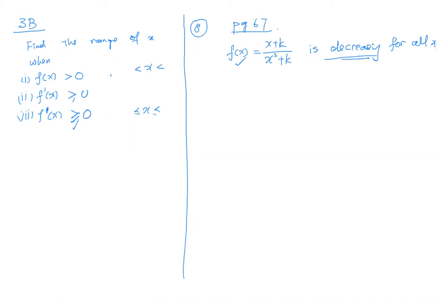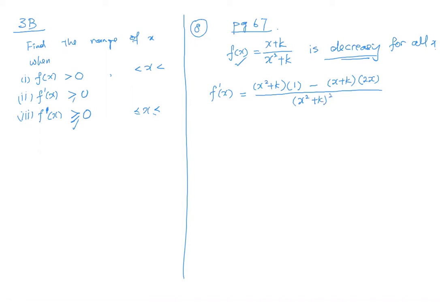Okay, did you get the function? You are using the quotient rule, am I right? So I will write f prime x: bottom times derivative of the top, which is 1, take away bottom times derivative of the bottom, which is 2x, divide by bottom squared.